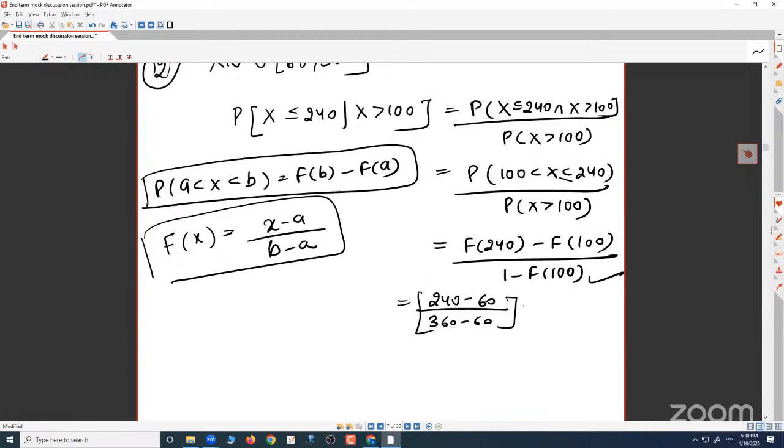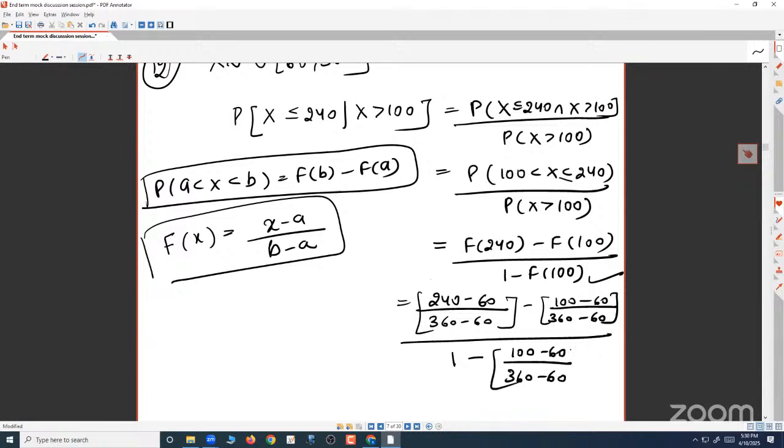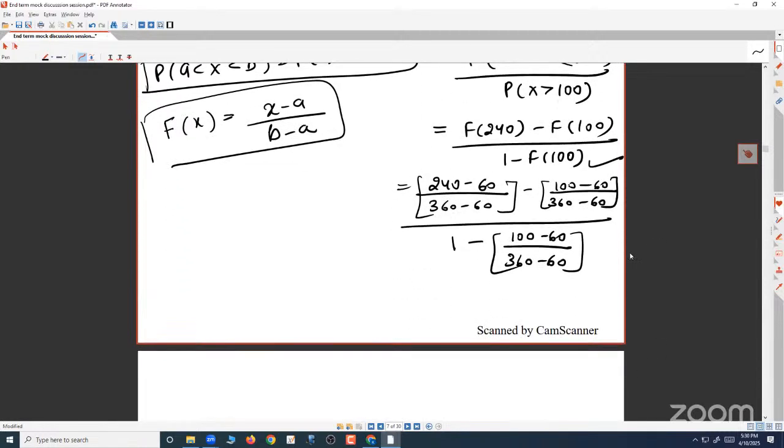Similarly, (100 minus 60) divided by (360 minus 60) upon 1 minus (100 minus 60) divided by (360 minus 60). Is this step clear? Yes. So if you solve this, you would get 7 by 13 as the answer.